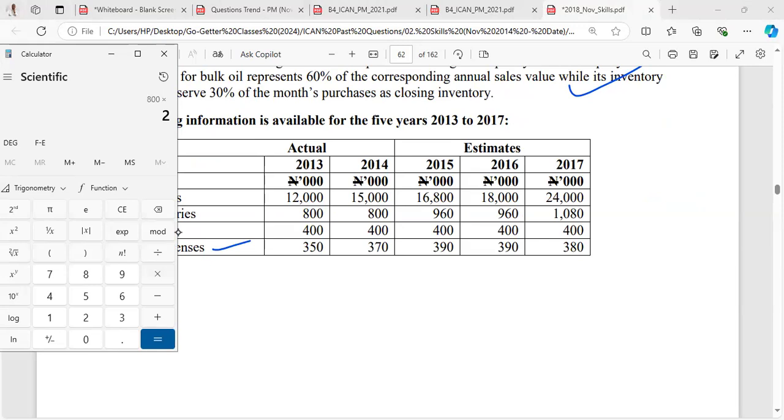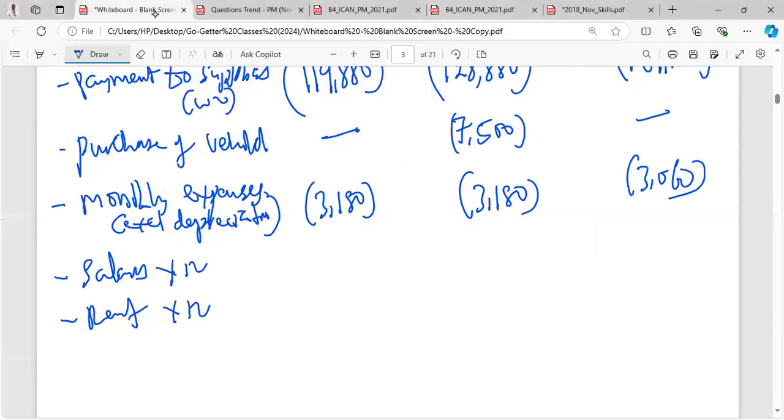Let's go to 2015. 960 times 12 is 11,520.